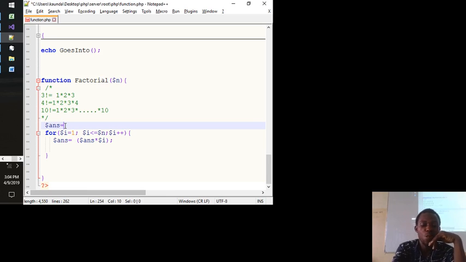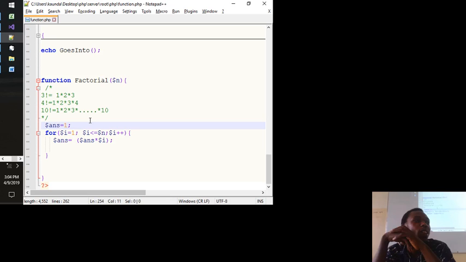Let's initialize this to 1 or to 0. If not, you will not get it. Now 0 times 1 will still be 0, so let's initialize it to 1. So 1 times 1 will still be 1. Okay. So this is it.